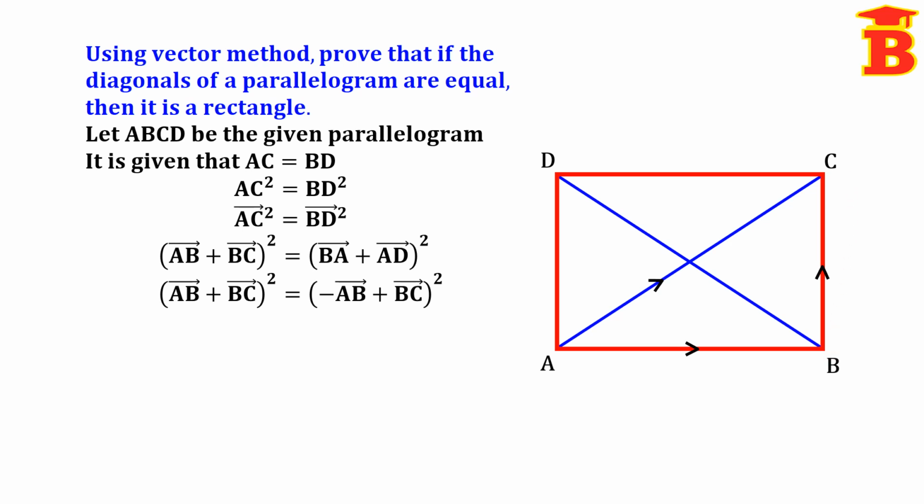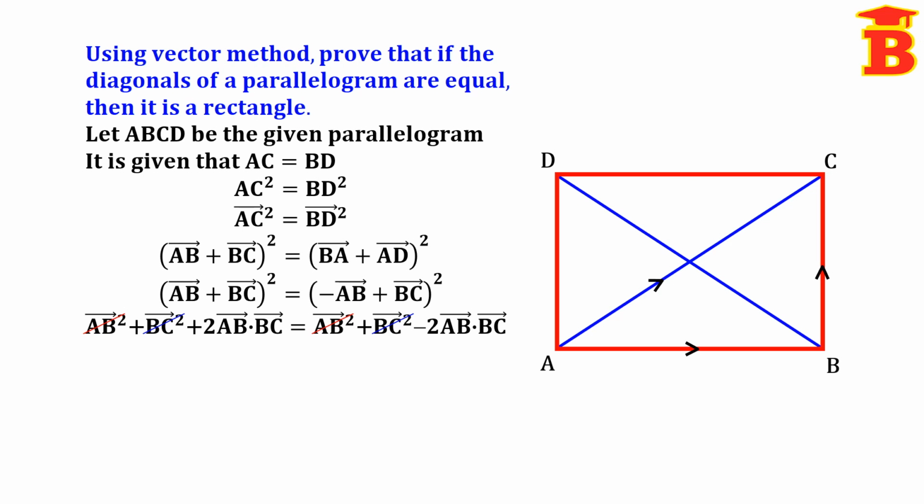Now expanding this using the whole square formula. Left side we use the (A plus B) whole square formula and right side we use the (A minus B) whole square formula. So we get AB vector square plus BC vector square plus 2 times AB vector dot BC vector. And right side AB vector square plus BC vector square minus 2 times AB vector dot BC vector.